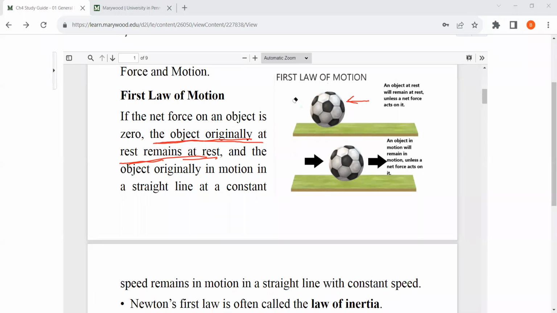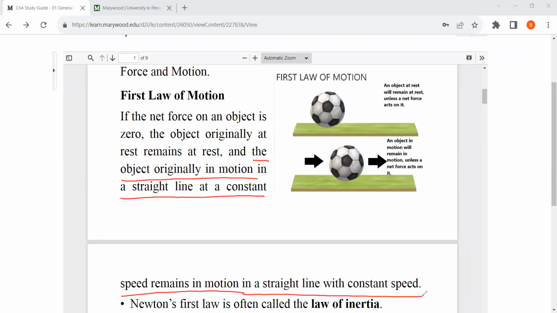Now the second part tells us that if the net force is equal to zero, the object originally in motion in a straight line at constant speed remains in motion in a straight line with constant speed. So if the net force acting on this object is equal to zero, and it is moving in this direction at a constant speed, it will keep moving in this direction at constant speed.